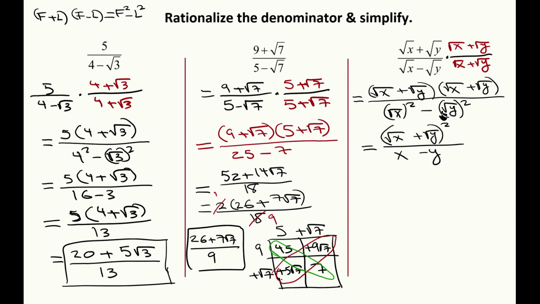Now for this, we can of course use our f plus L squared rule, which is f squared plus 2fL plus L squared. So we get the first one squared, the square root of x squared is just x, plus 2 times the square root of x times the square root of y, that's 2fL, plus L squared, which is just y.